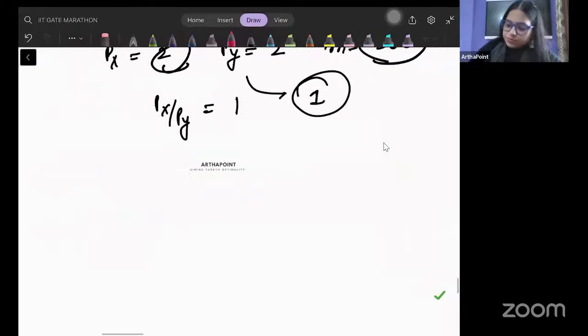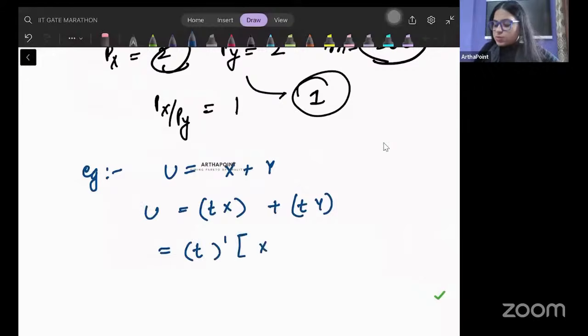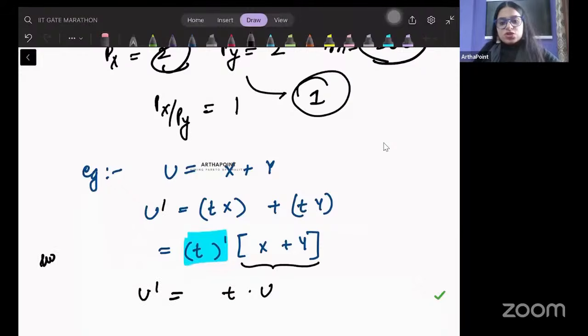For example, if u is equal to x plus y, when I double x and double y, t can come out and this will be t times x plus y. If you are able to take this scale factor out and get back your original utility function, then it is a homogeneous function.